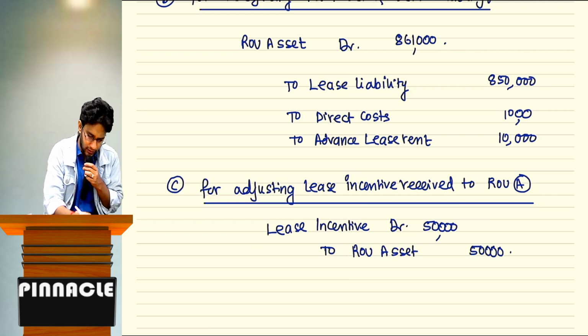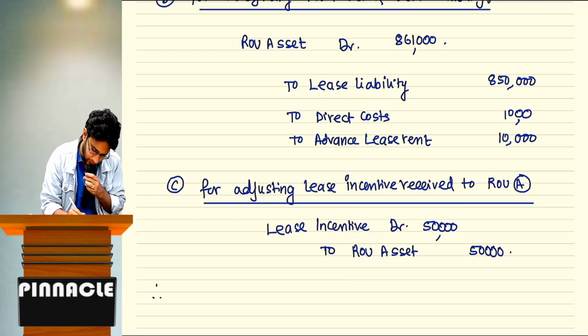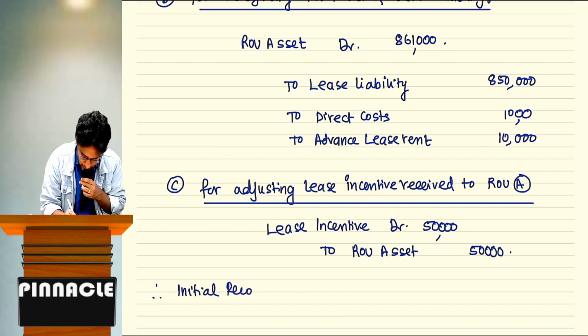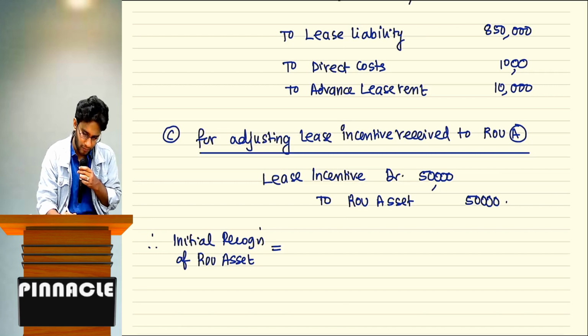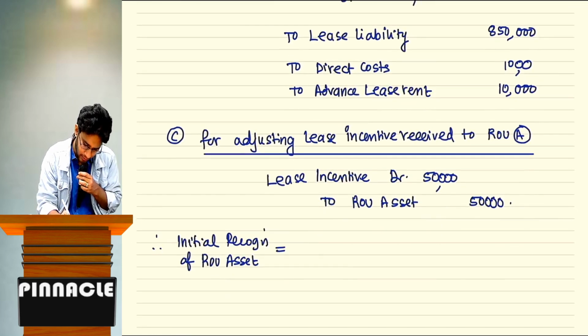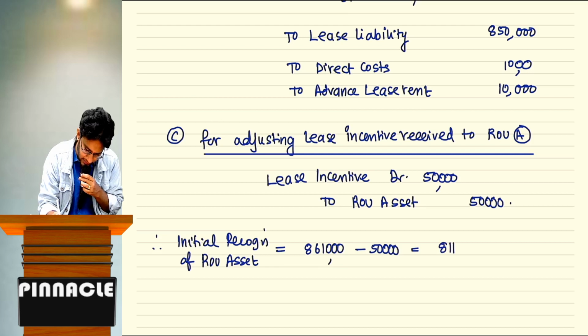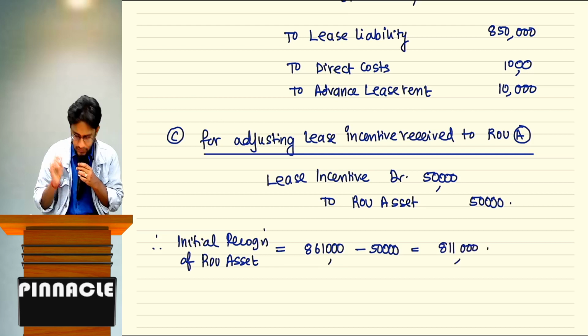Here, before we go there, just conclude this. Therefore, initial recognition of ROU asset is equal to what all amounts you have capitalized. 8 lakh 61,000 you capitalized, minus 50,000 you removed, so it will be 8 lakhs 11,000.